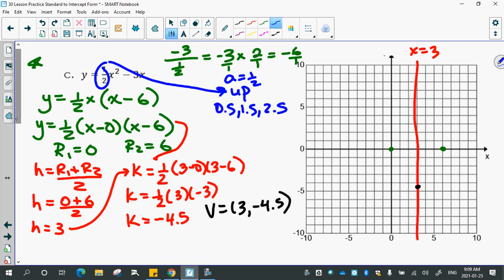So then from here, we're going to go over 1. So that's here, and then up a half. Since we started at the halfway there, a half puts us on a corner. And then over 1 up 1.5.